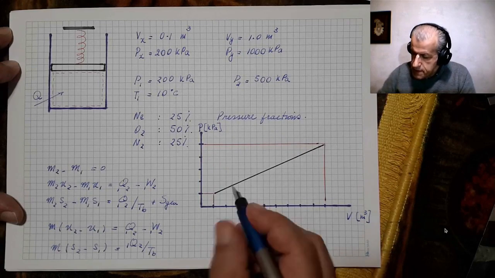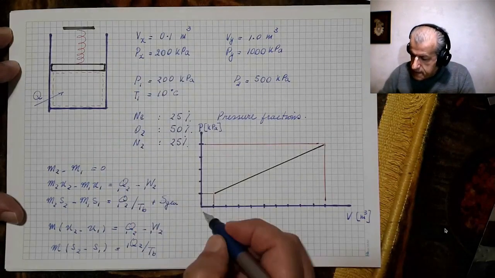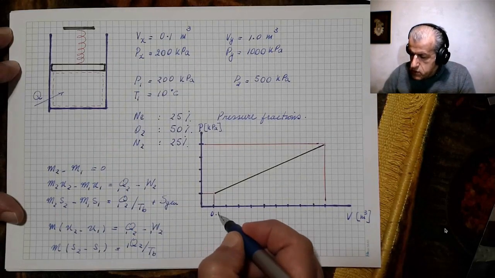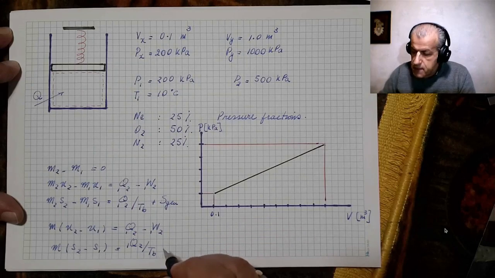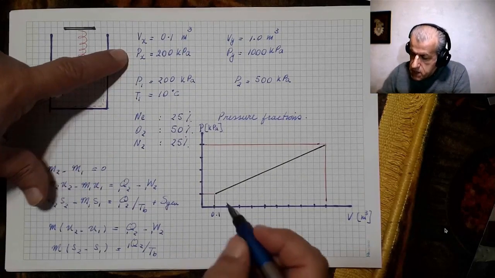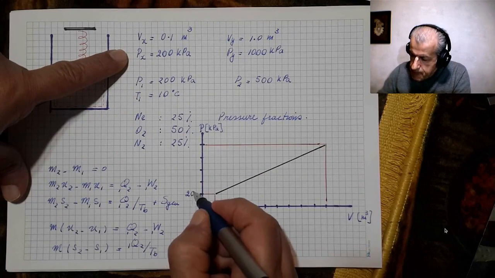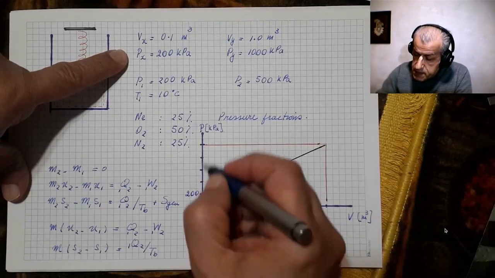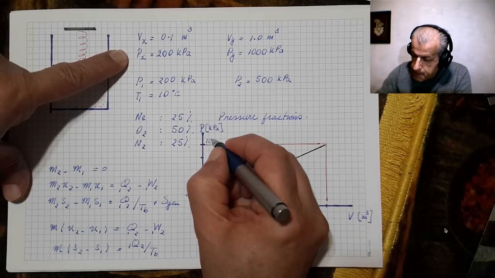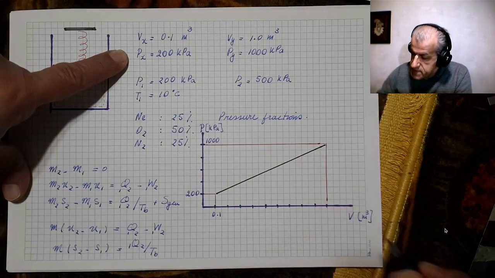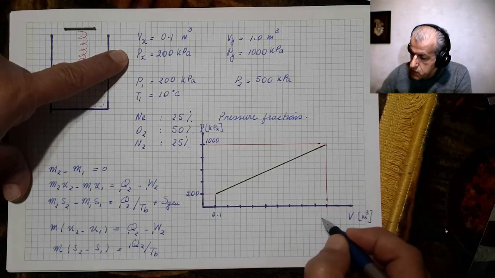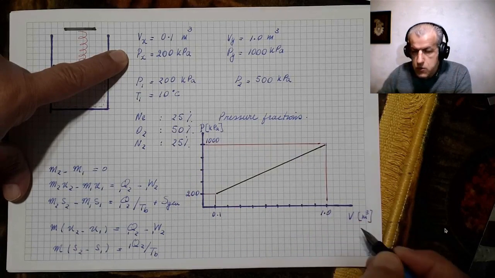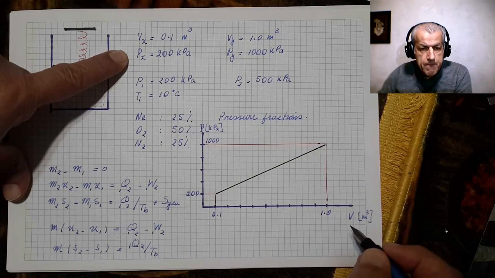Now, we are told that if V is 0.1, then P would be 200, and if P is 1000 kilopascals, then V would be 1 cubic meter.